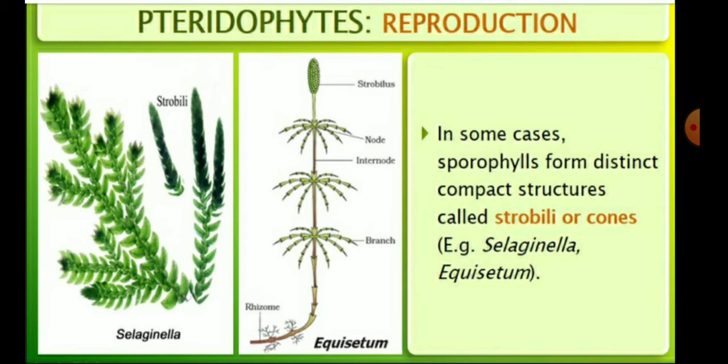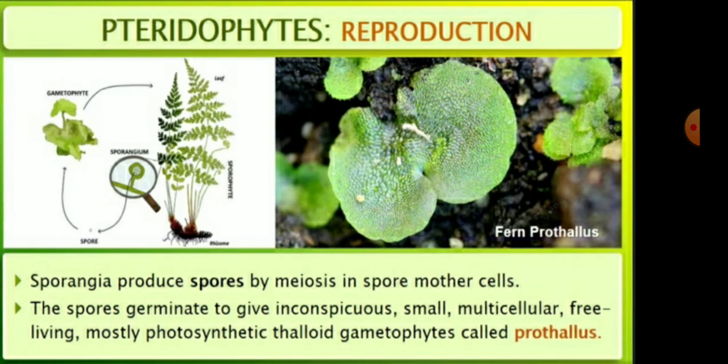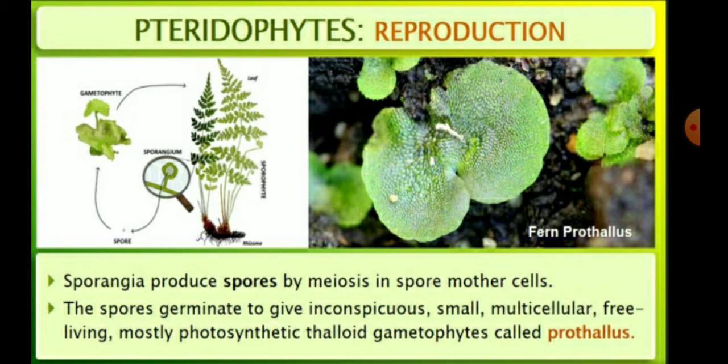In some cases, the sporophylls form distinct compact structures called strobili, or we can say cones, as there are cones also present in the bryophytes. Examples of cone-bearing or strobilus plants are Selaginella and Equisetum. The sporangia produce the spores by the process of meiosis.